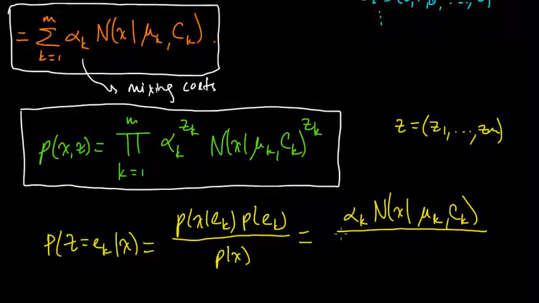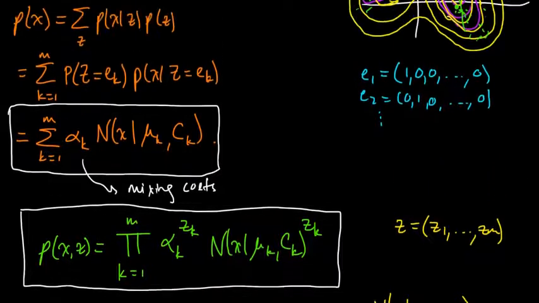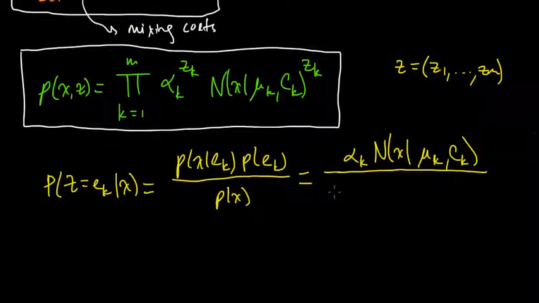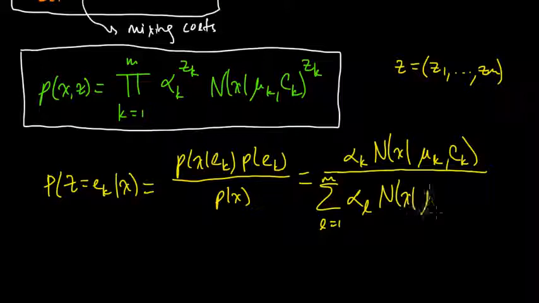And then in the denominator, this is just the marginal distribution on x, which we already have. So we can just put that down here: the sum over l from 1 to m of alpha l times the normal density with mean mu l and covariance cl. I'll use l instead of k since I already used k.